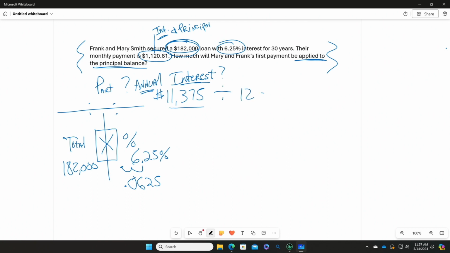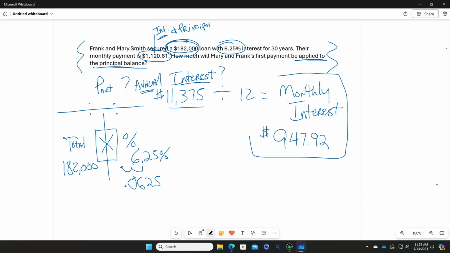If we divide that by 12, that will give us the monthly interest, correct? And so I'm going to divide that by 12, and I get $947.92.